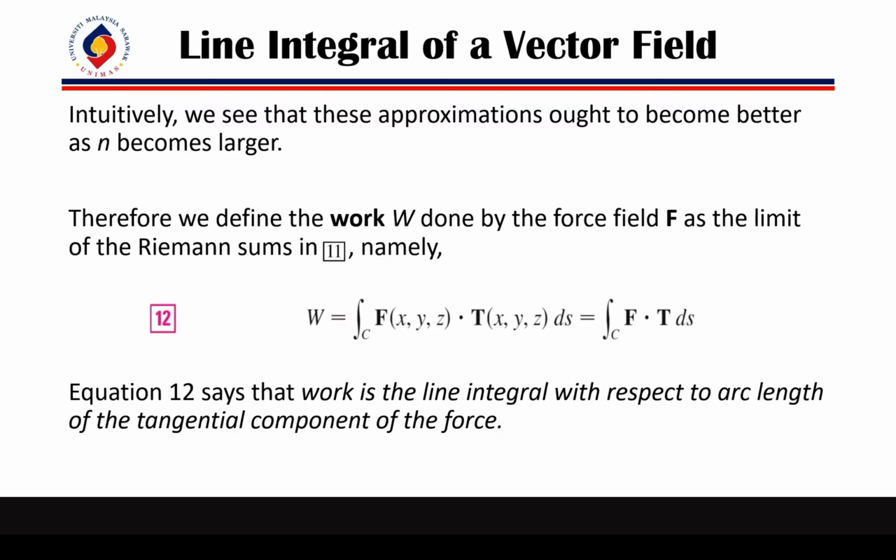So therefore we define the work done by the force field as the limit of the Riemann sums from the previous equation, namely by doing this integration here: W is equal to the integral along the curve C of F(x, y, z) dot T(x, y, z) ds, where T is the unit tangent and ds is the infinitesimal. So equation 12 says the work is the line integral with respect to arc length of the tangential component of the force.